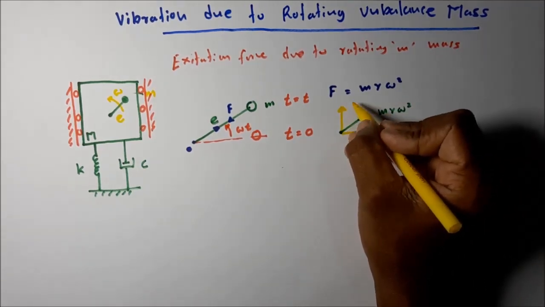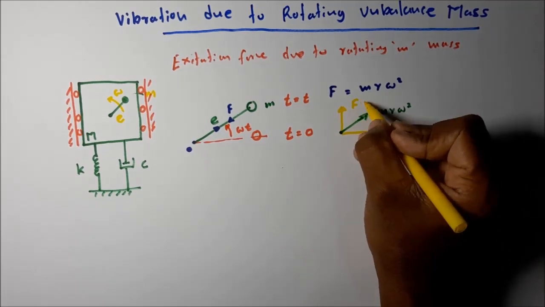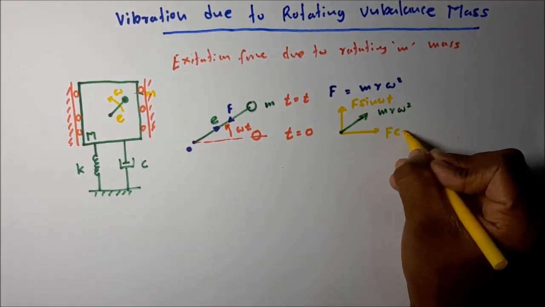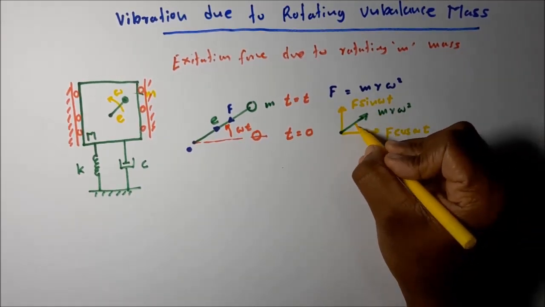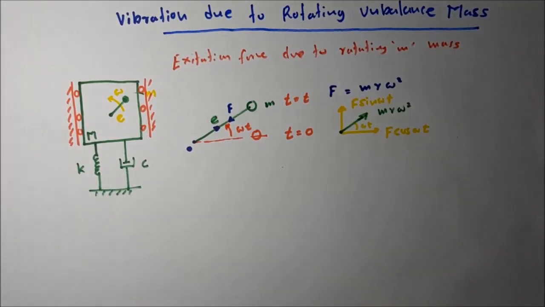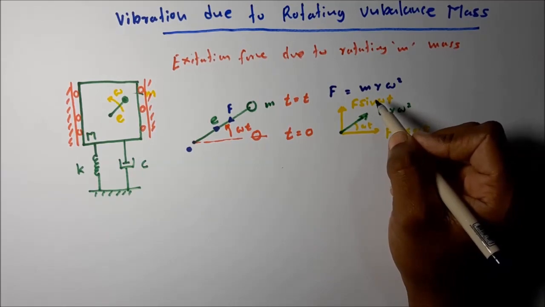The components are F sin omega t and F cos omega t. This angle is omega t. We are interested only in the vertical component, because we are considering only vertical vibration.